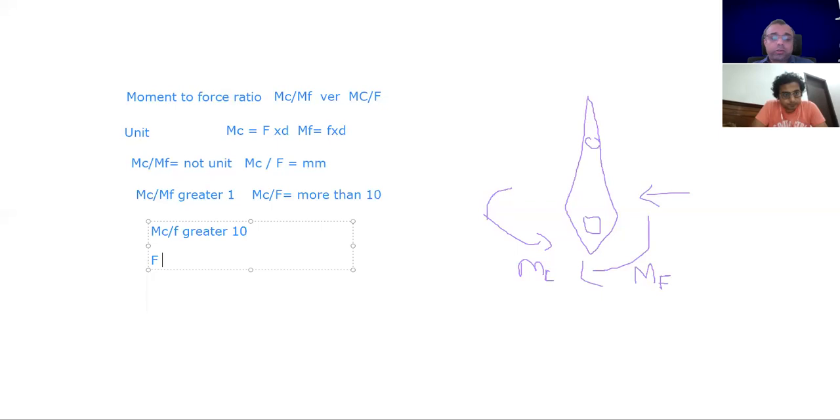If we apply a force for retraction of the canine, that is 100 gram, and now we need more distal root movement, then we have to create a greater moment of the couple. So for the moment of the couple, I will keep the D fixed. Either we can increase the mesiodistal width of the bracket, but usually the brackets are supplied by the manufacturer. There's very little change we can make in the brackets.